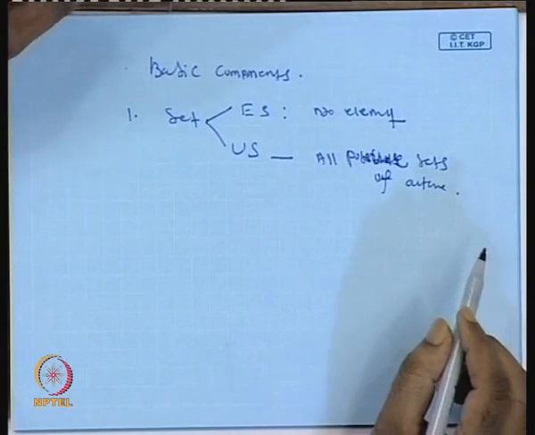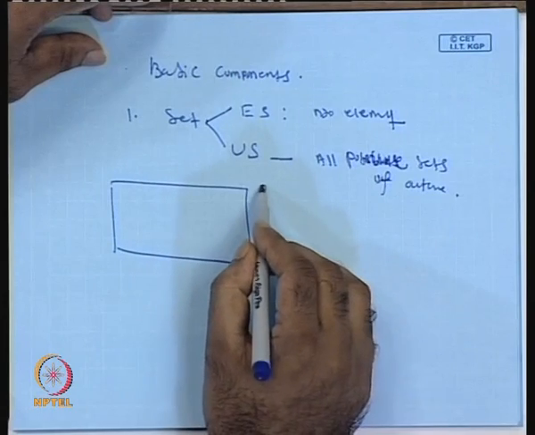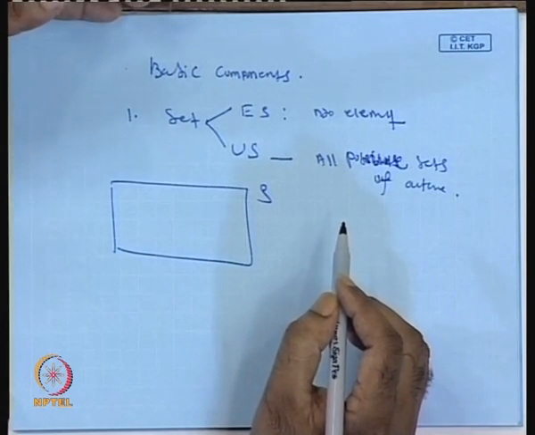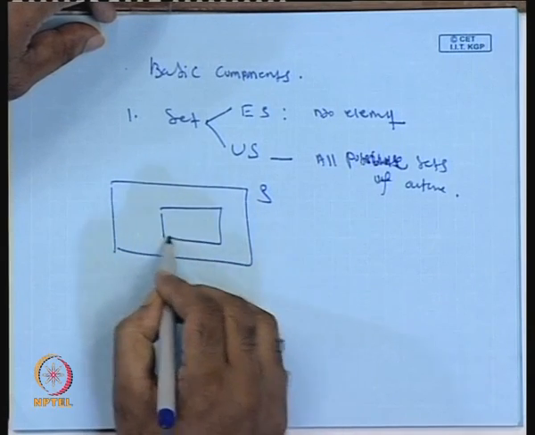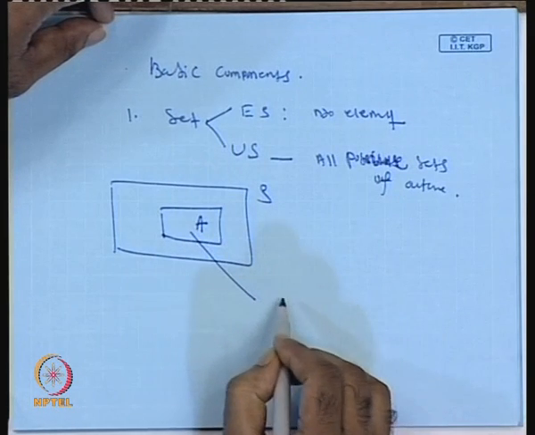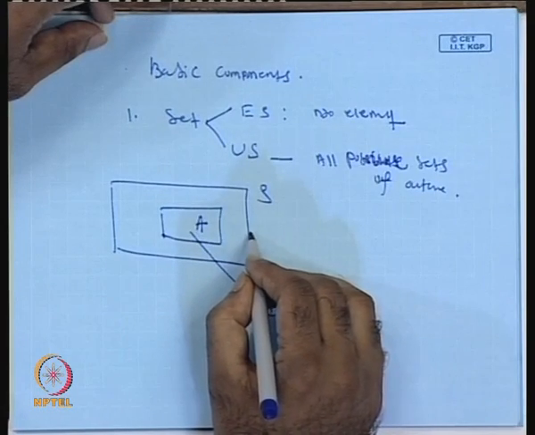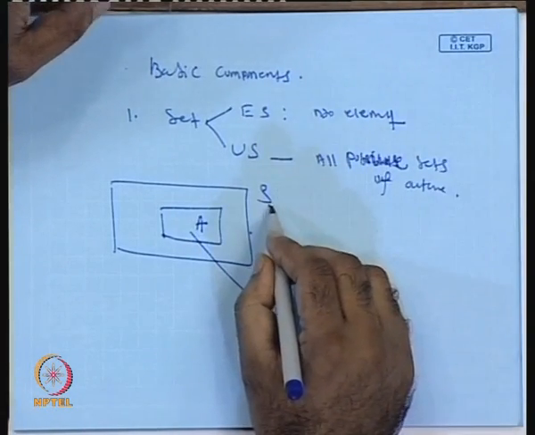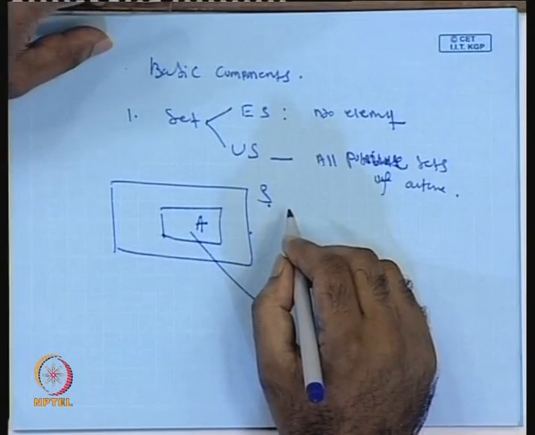Okay. Let us take a case here. This is the set, which we will call the universal set S. Inside S we have a set called A. This is a particular set A, or you can say event A, and S is the complete set, otherwise called the universal set. The universal set is the integration of all sets at a time.